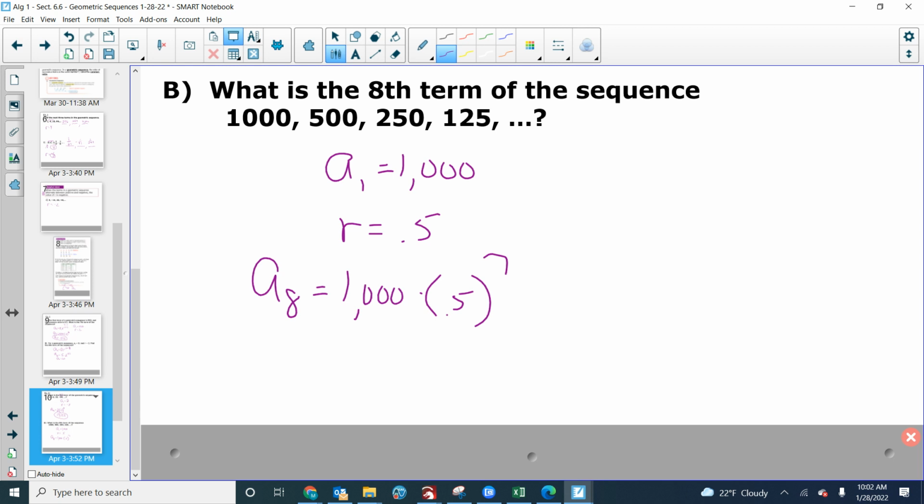Aaliyah, what'd you get? A sub n equals 7.81. Are you saying the 8th term? Yeah, A sub 8 is what? 7.81. Is it 7.81? Yes. Is everybody good with that? Yes. All right. Okay, guys.